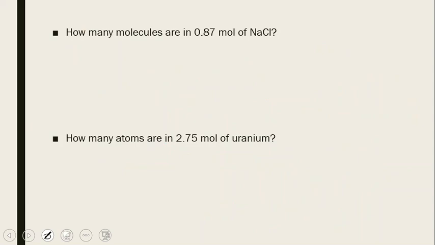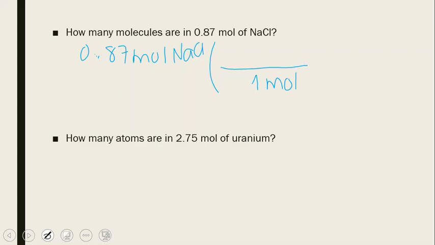On the contrary, how many molecules are in those moles? Okay, my data is 0.87 moles of sodium chloride. I don't want mole, goes down, I want molecules, go up, 1 mole has 6.023 times 10 to the 23rd molecules, and we can cancel moles.